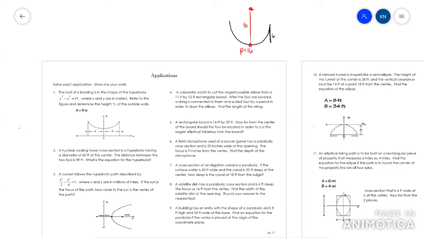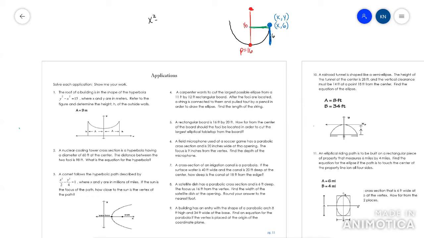And they want to know the width of the satellite dish at the opening. So we knew blue. They want to know green. What that means is you're going to have to make this an XY coordinate where the Y value is 6. And you're going to use your default equation. Remember, we're calling this red dot our center at 0, 0.